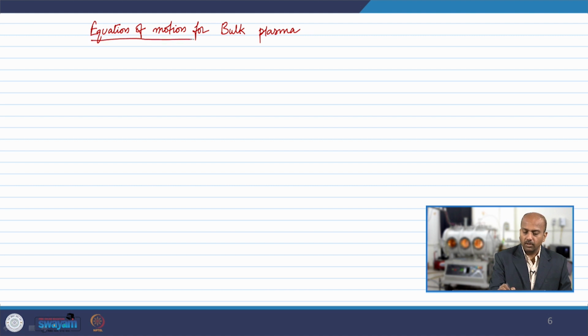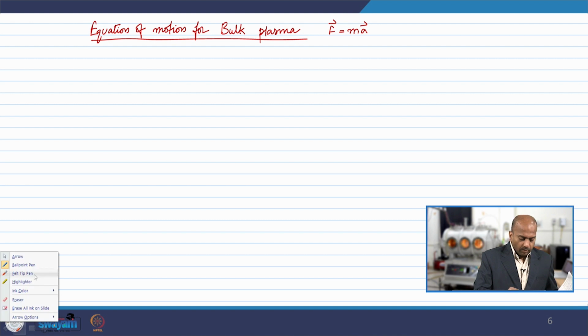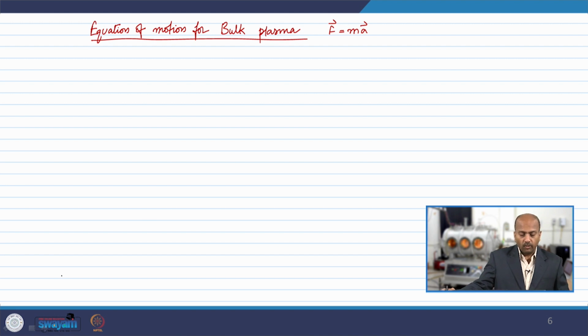It means that we have to write F is equals to ma for the plasma, which is not made up of two fluids, it is only one fluid. So this is basically the momentum equation that we are very familiar with. So we can get the momentum equation for a single fluid plasma if we add both the momentum equations of electron and ion.